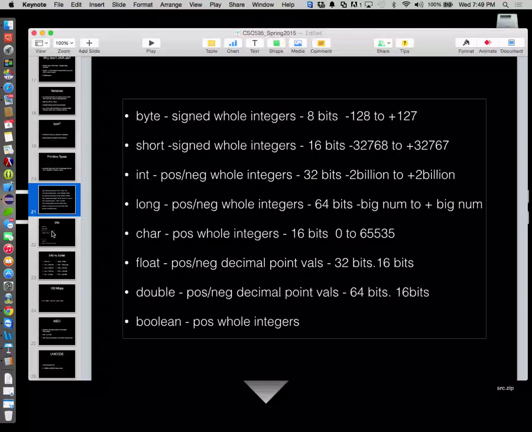Okay, let's see here. So those are floats and doubles. Boolean is a positive whole integer. The reality is they are stored as unsigned bytes in Java. Not because that's efficient, but because Booleans are implemented in terms of the other primitive types.